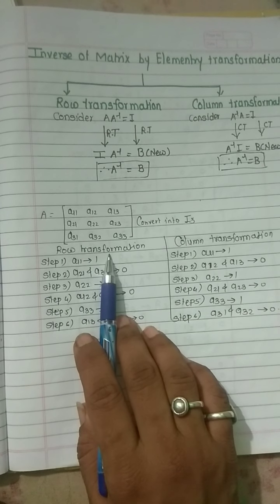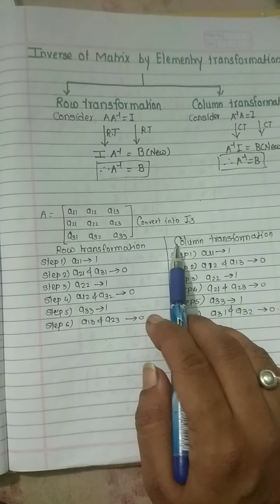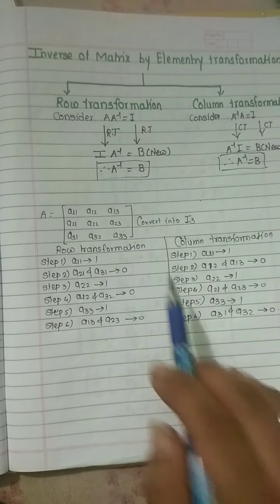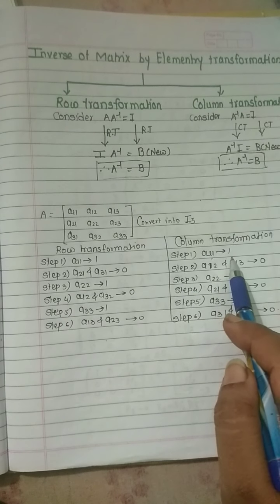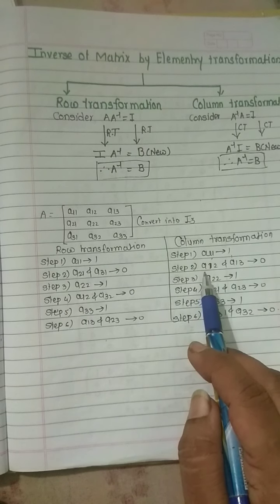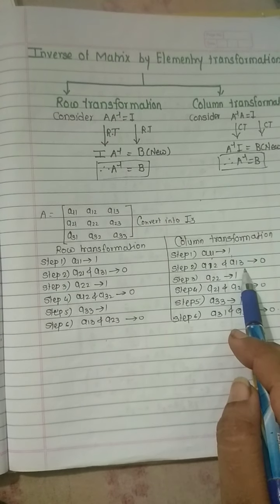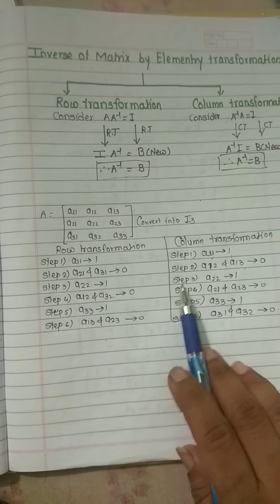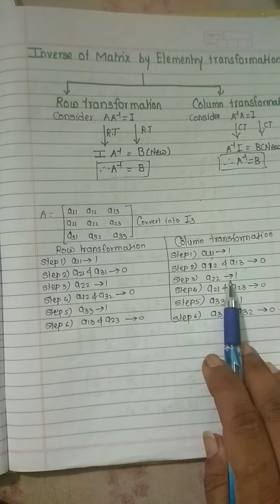If we use the column transformation, then apply the following steps. Step 1, reduce the A11 position element to 1. Second step, reduce the A12 and A13 position elements to 0. Step 3, reduce the A22 position element to 1.